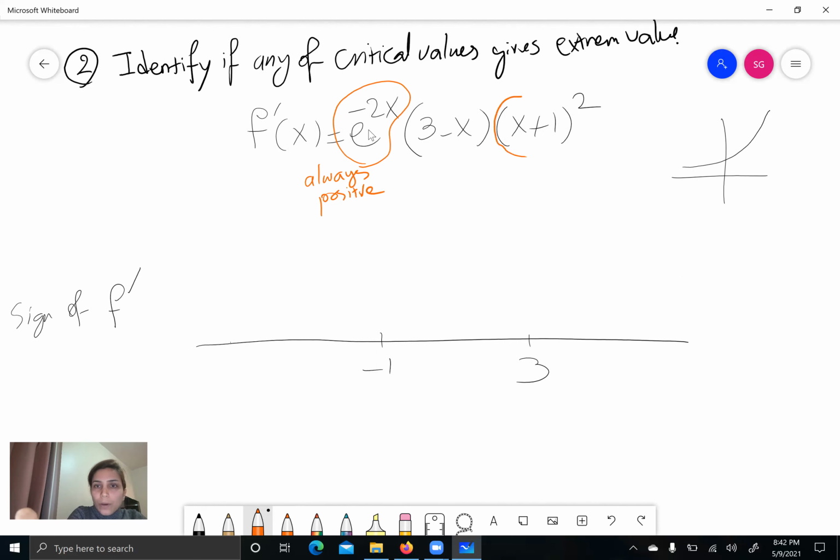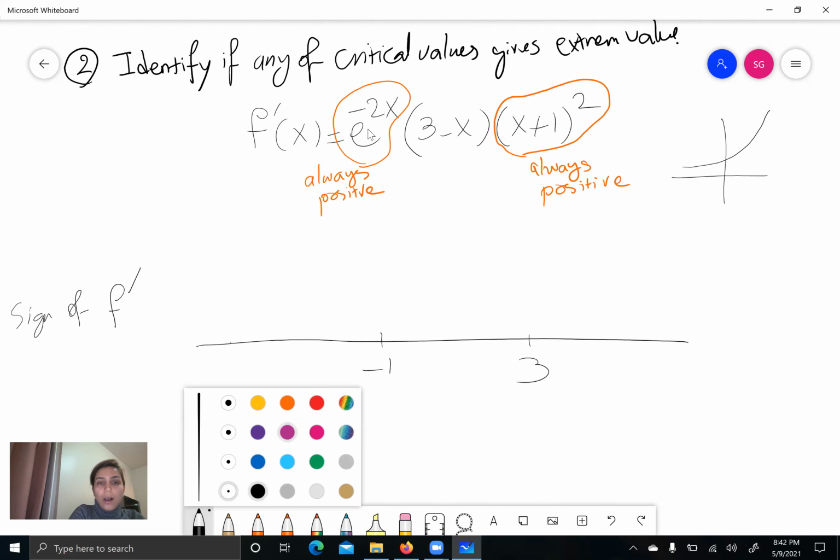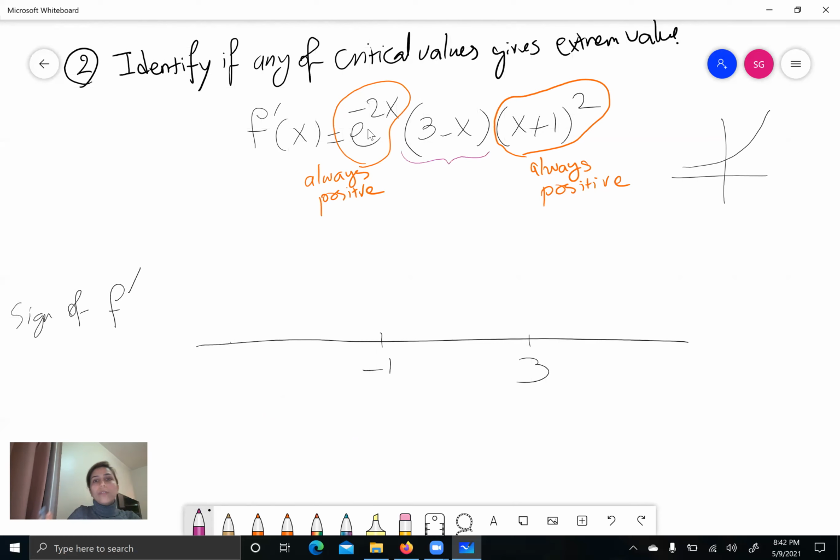And this factor, x plus 1 squared, is a square, so this is also always positive. Any value that is squared is always positive. So technically, the only thing that determines the sign of the whole function is 3 minus x. It's the only factor.